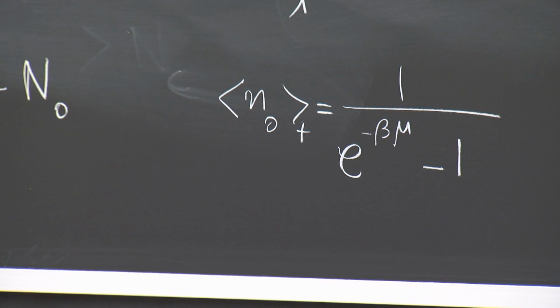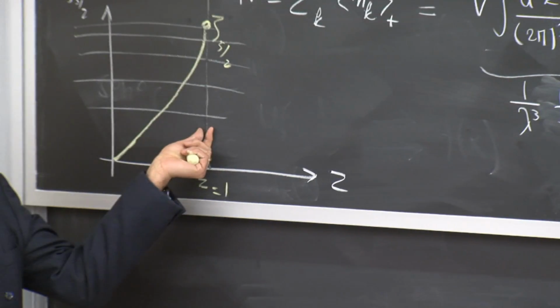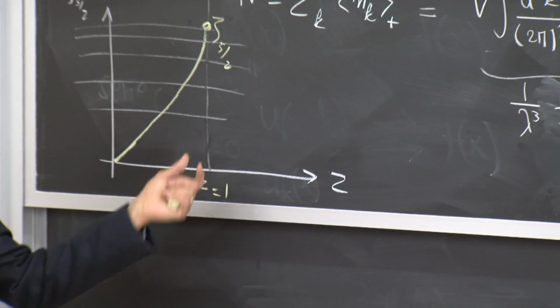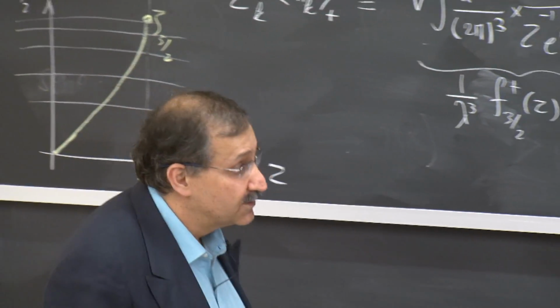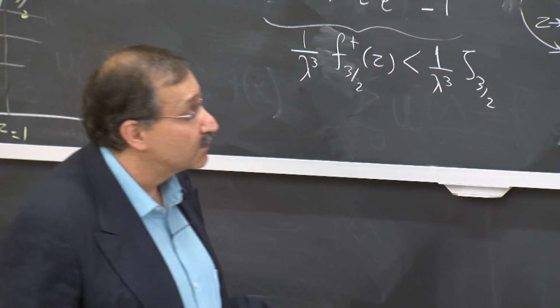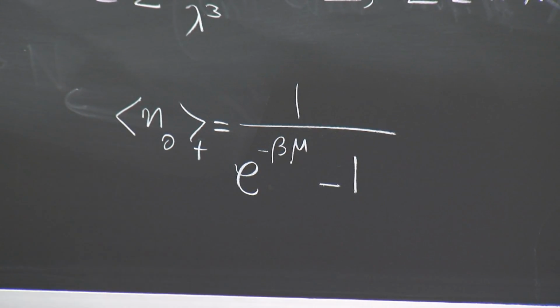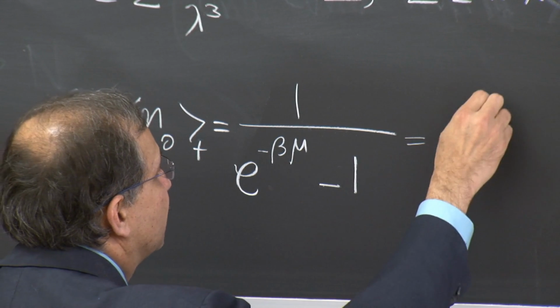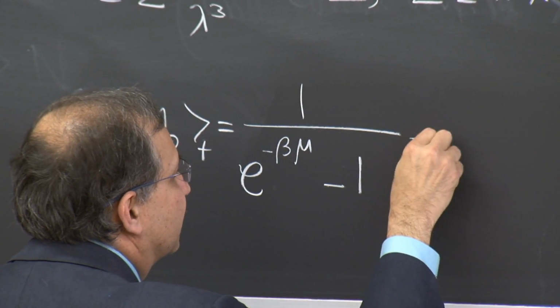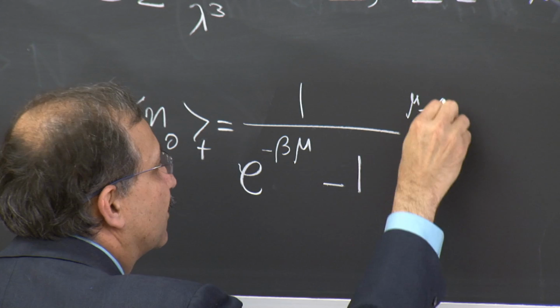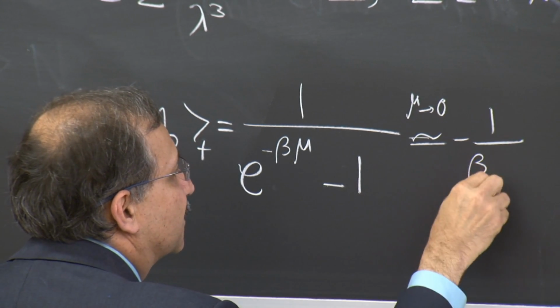And if I'm in the limit where z is very much close to 1, or beta mu is very small, then I can expand this. And this becomes approximately, when mu goes to 0, minus 1 over beta mu.